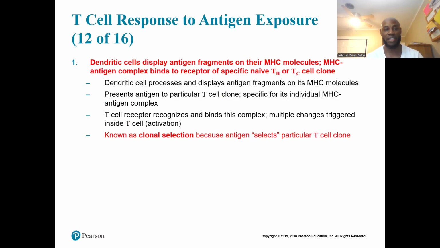Right? So what is the process? Dendritic cells display antigen fragments on their MHC molecules. The MHC antigen complex binds to the receptor of a specific naive helper T or cytotoxic T cell clone.